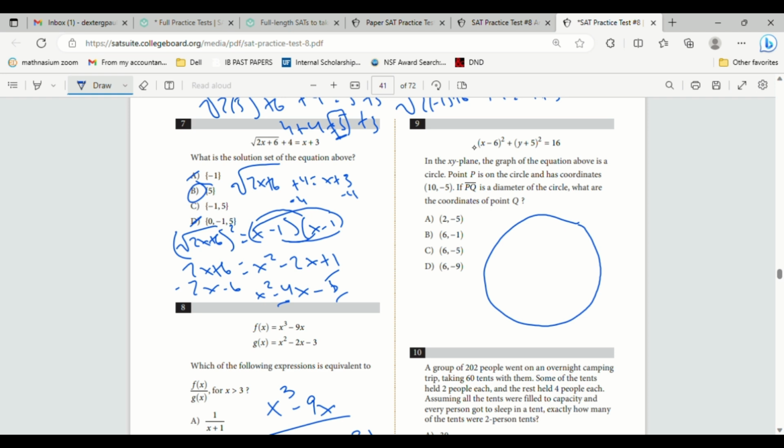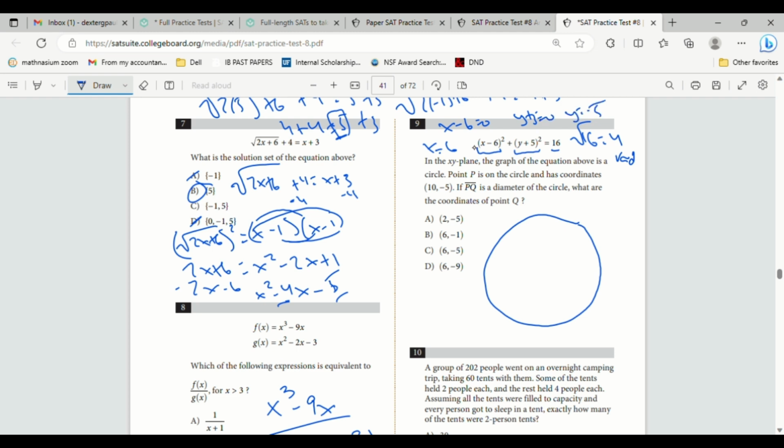So we see that it equals 16. So if you do the square root of 16, that's 4. So 4 is our radius. And our center is simply solving these binomials for 0. So since it's x minus 6, that's x minus 6 equals 0, which is just x equals 6. And then y plus 5 equals 0, so y equals negative 5.